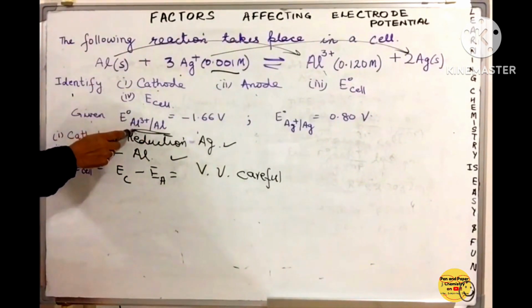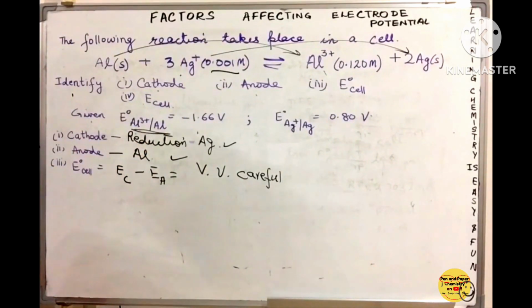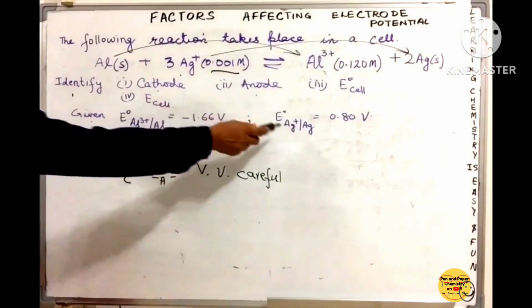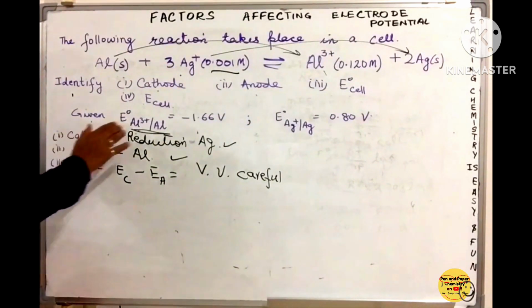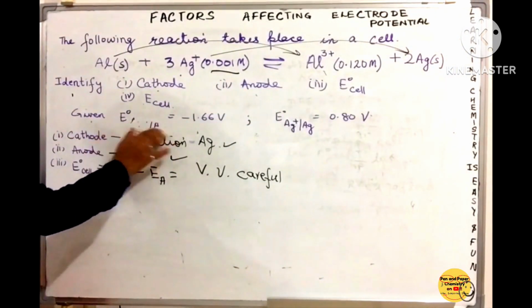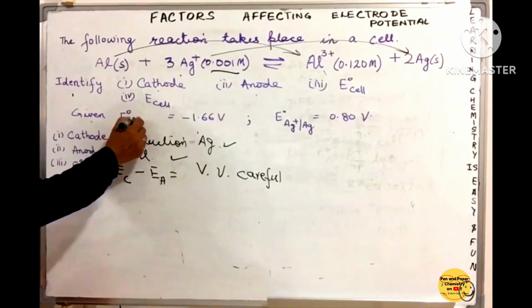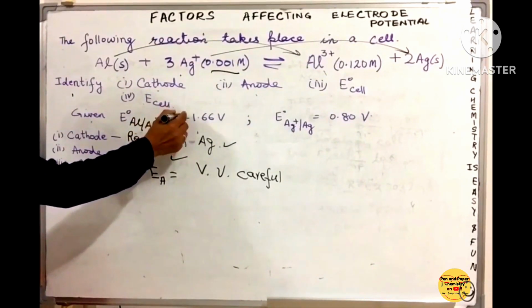If you notice, I have provided you the standard reduction potential of aluminium and the standard reduction potential of silver. Many a time, just to be naughty, we teachers put it over here as Al going to Al3+ plus electrons.